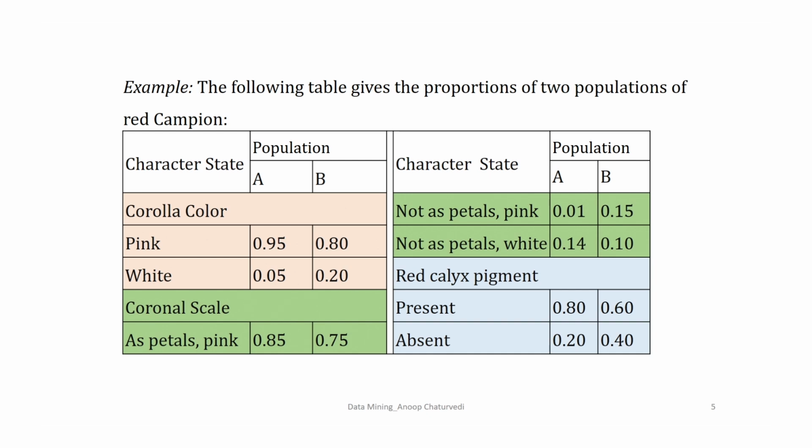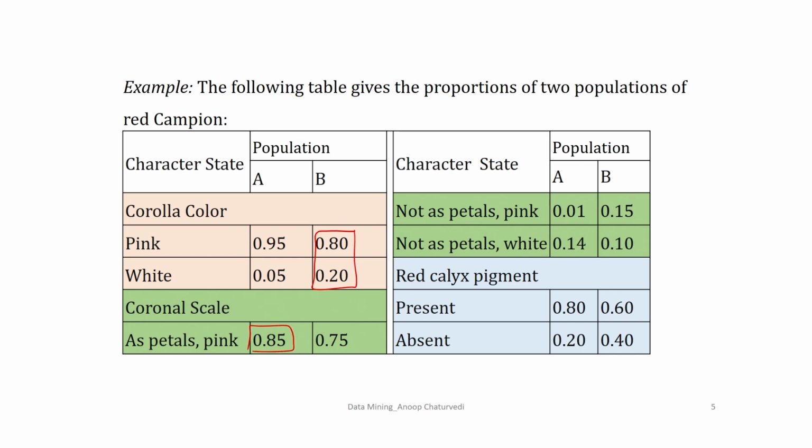Then for population A, the pink one ratio is 0.95, the white one is 0.05. Similarly, for population B, you have these frequencies.